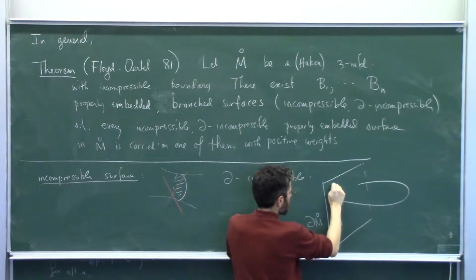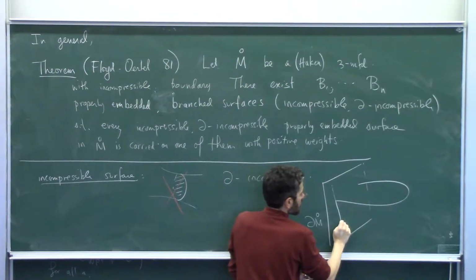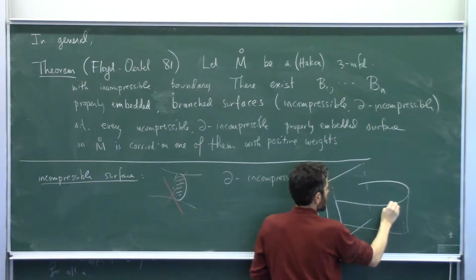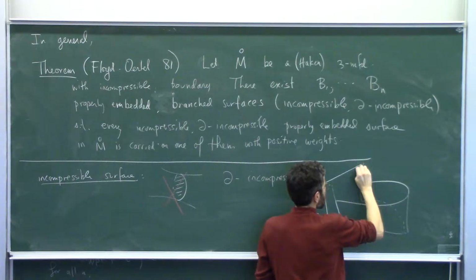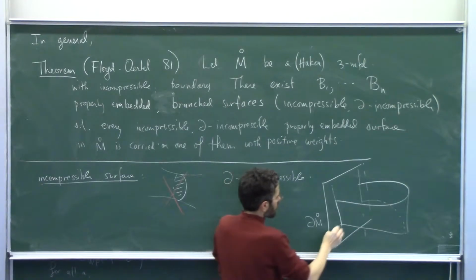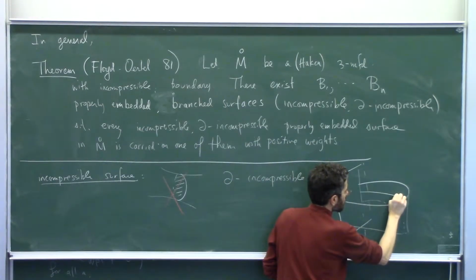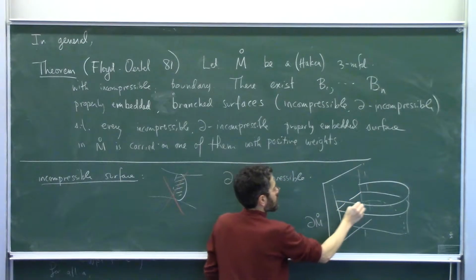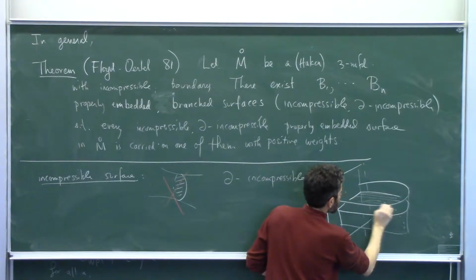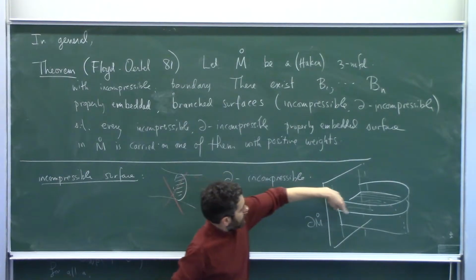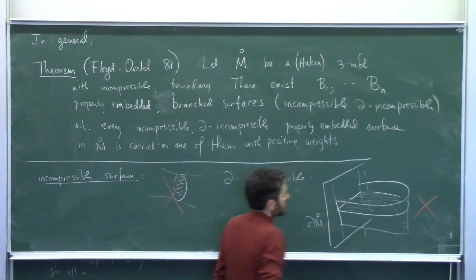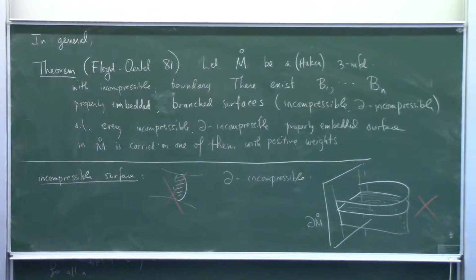It hits the boundary of the three-manifold, and then it comes out into the interior, and this is not allowed. So here's a little piece of the surface, and inside it there's the following kind of half compressing disk. Okay, see this horizontal disk in my picture? That's called a boundary compression, and that's not allowed.